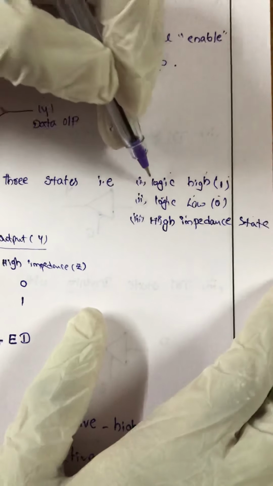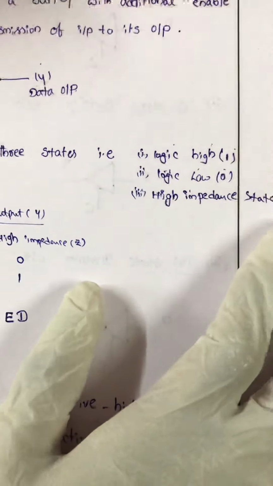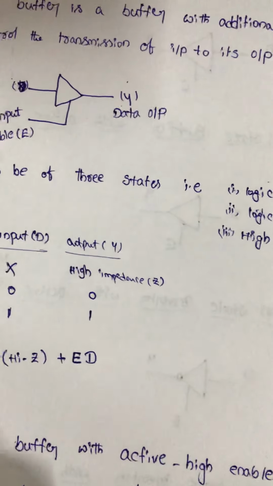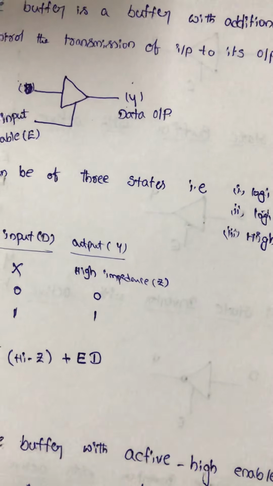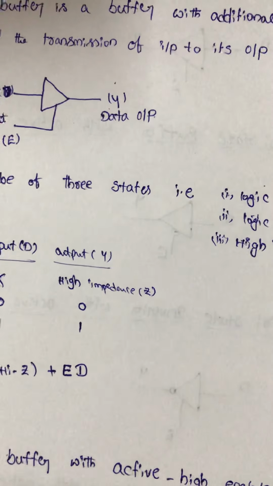Generally we know logic high and logic low, because if the buffer is the circuit, we apply 1 as the input and the same 1 is generated at the output. If the input is 0, the output is also 0.